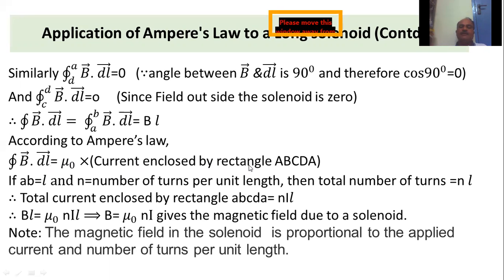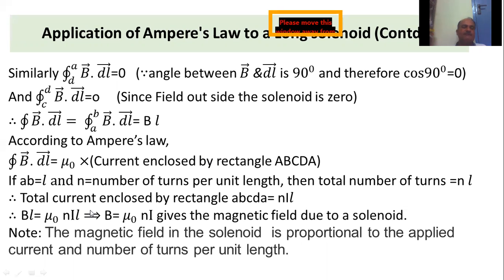The current enclosed by this rectangular path is calculated in this way. The effective length is only AB, that is L, and the number of turns per unit length is the small n. Then the total number of turns will be equal to nL.